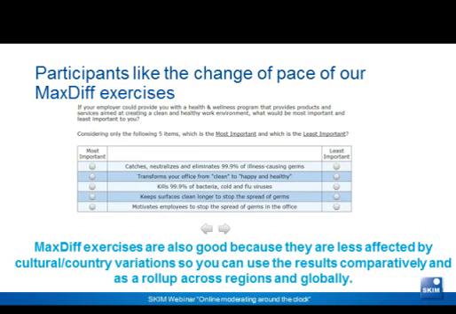The client really liked it, and as an exercise, max diff is actually really effective because a max diff exercise is less affected by the variations, by country or the cultural variations that you can see. So you can actually roll up into a region and go, okay, we got 120 people, 60 of them, that's a fair number. Or, let's look at the whole global picture of 120 people.